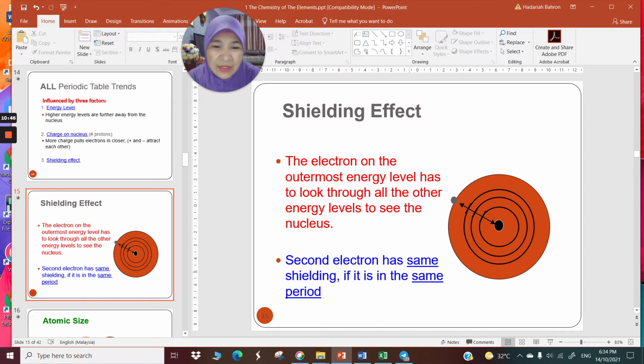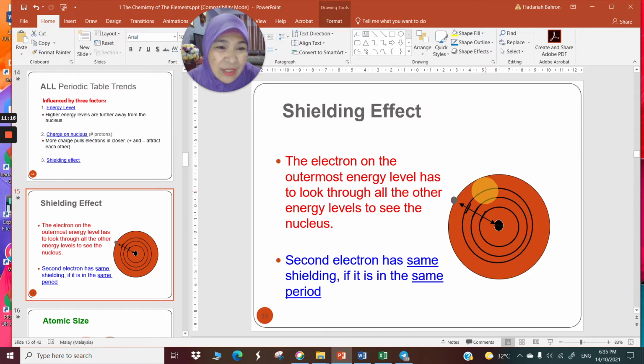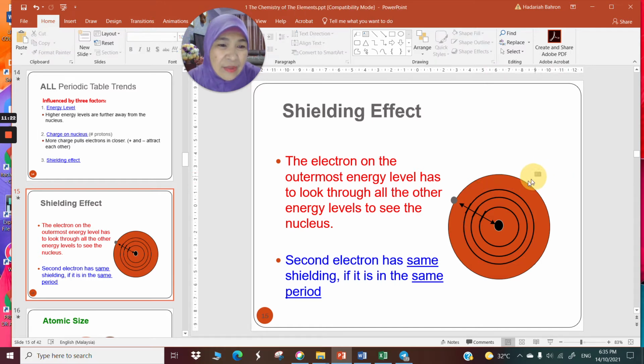So a second electron has the same shielding if it is in the same period. If you put the second electron on the outermost, the shielding that is experienced by that second electron will be the same as what is experienced by the first electron. However, the shielding effect is going to be different if you are comparing the electron on the outermost with the electron that is on this layer, on that layer there, because this one here will have less shielding compared to the one on the outside.